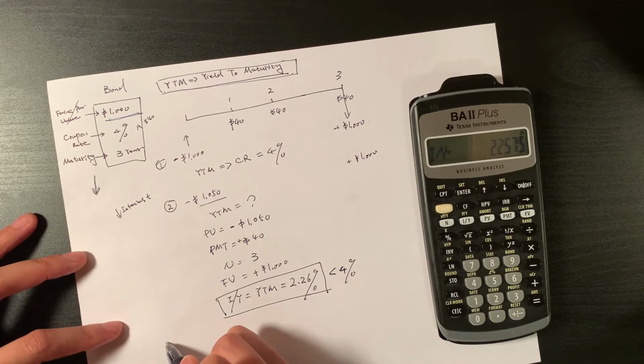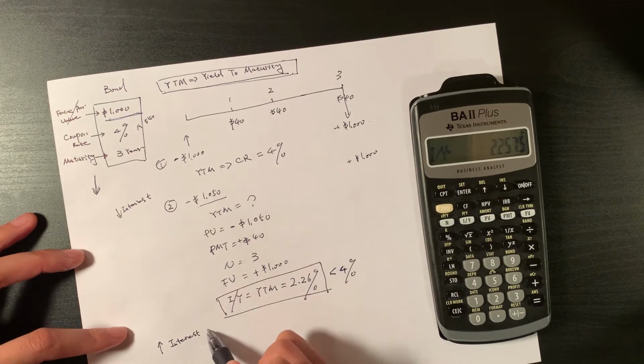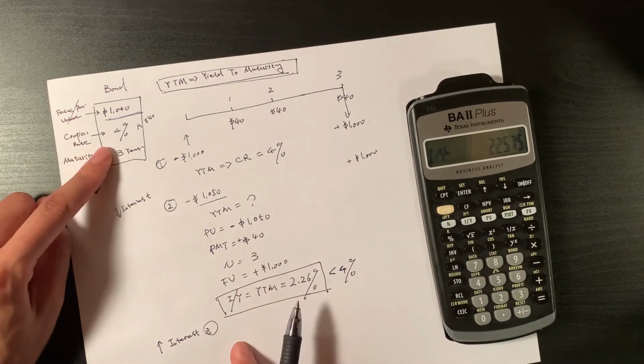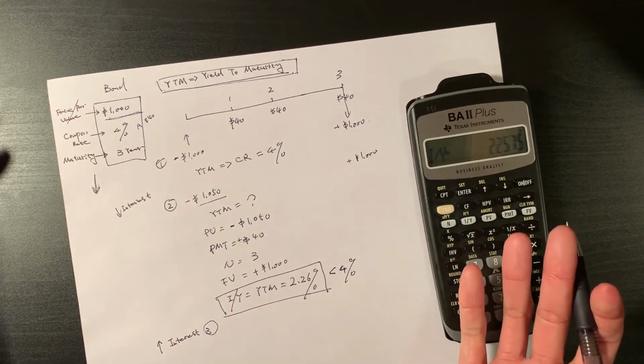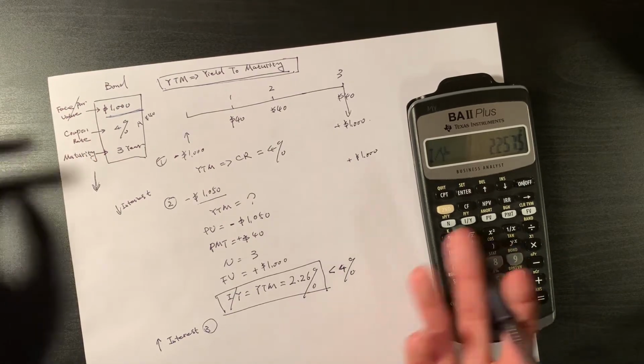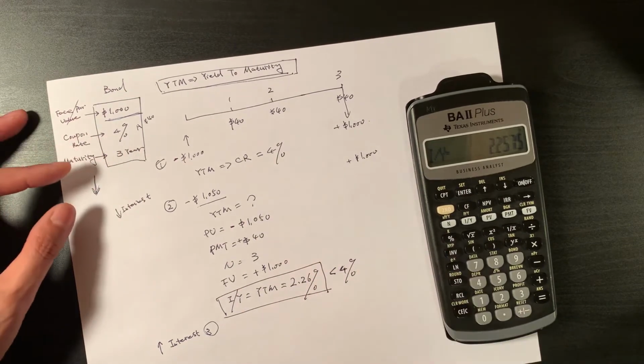If the interest rate goes up on the market, let's say you can get bonds for 5% or 6%. So who wants 4%? The income is too low.